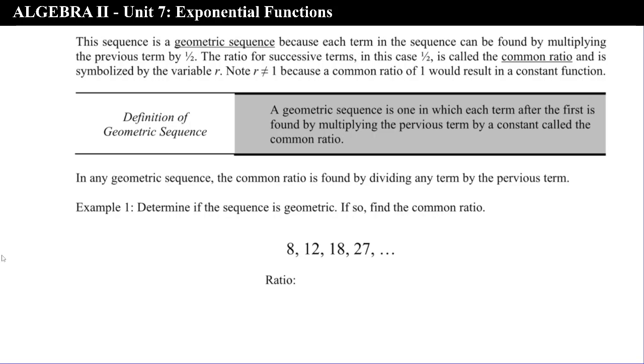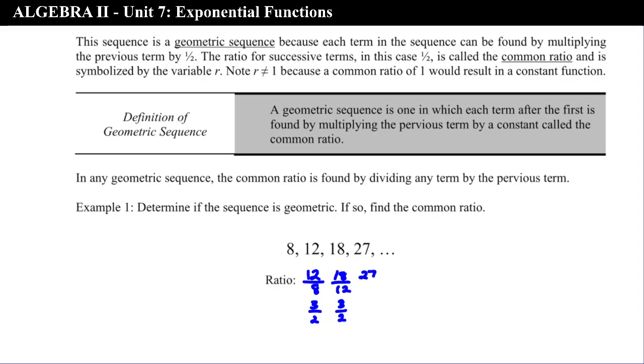So for example, let's take a look at this. Determine that the sequence is geometric. If so, find the common ratio. Well, we take the term 12 and we divide it by the previous term 8. And that gives us 3/2. If we take 18 and divide it by its previous term, 12, we reduce that. That's 3/2.